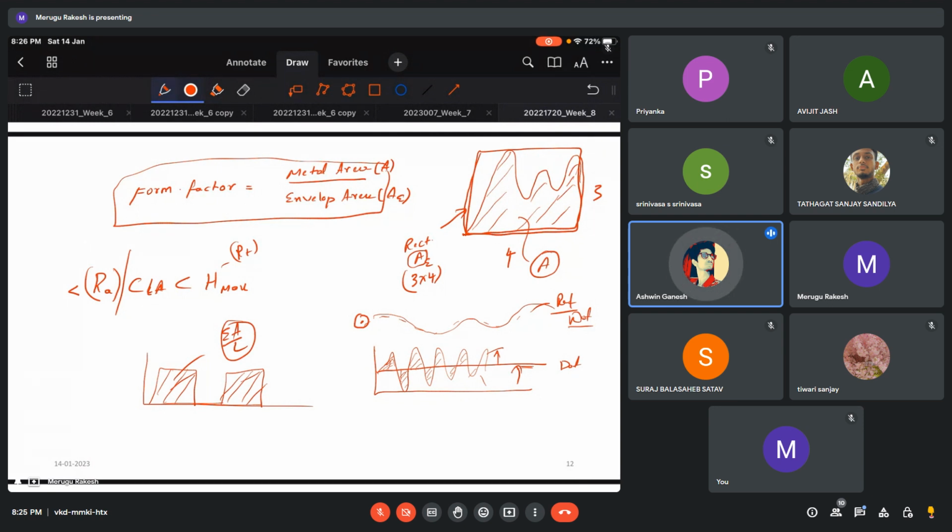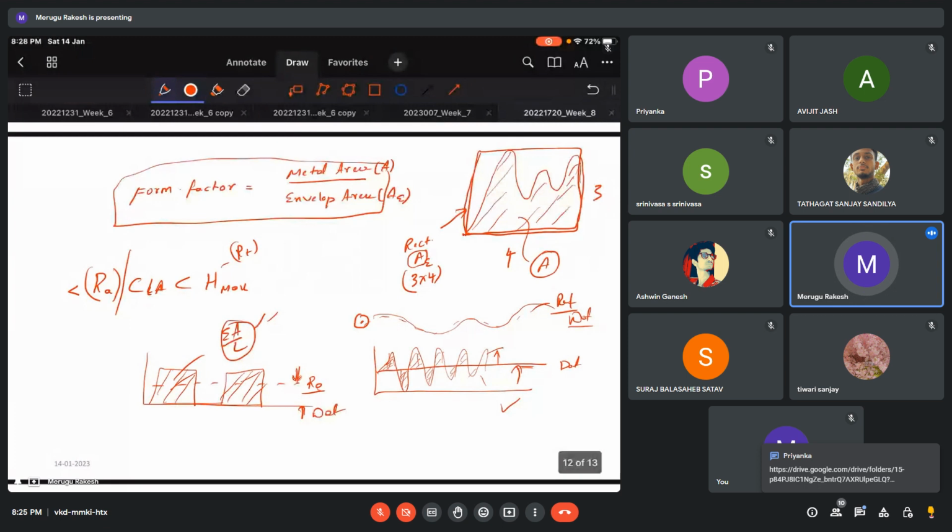Here there is no area below. So won't the reference plane shift towards the center of this height? Of course you will get that reference, but in this case we are taking this as the datum, and this is the value that you get. It all depends; they are just playing with the formulas. In this case, you can stick with this formula, and in this case, you can stick with this height formula. So no need to worry about the reference plane in that case, because they will provide you the reference.